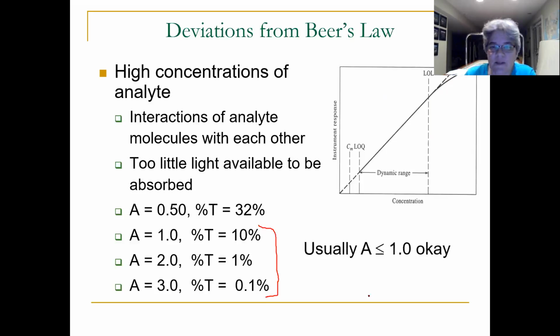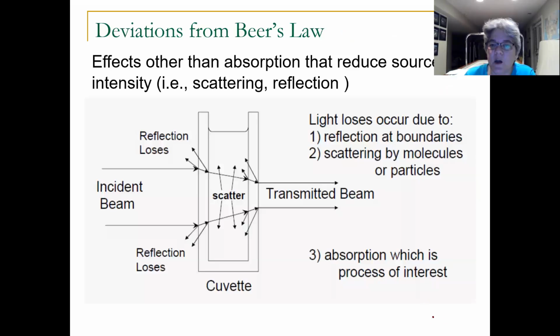Another reason we sometimes have problems with Beer's law is sometimes there's other species. So remember my experiment. I have my beginning light that I measure its intensity or its power, and then I'm measuring here. And when I calculate transmittance or absorbance, I'm assuming all the light that was absorbed was from my analyte. But sometimes there are other processes.